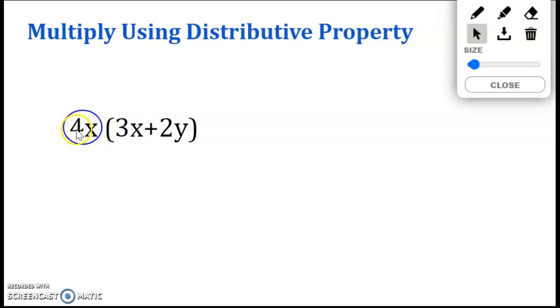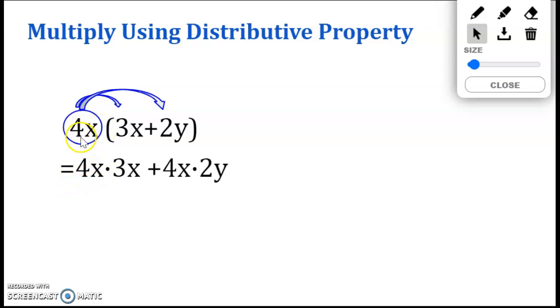Remember, if you have a variable or a number in front of parentheses, there is an invisible multiplication operation here. So 4x is being multiplied to 3x first, and to that you're adding 4x multiplied by 2y. So you're basically distributing what's in front of the parentheses to each of the terms inside the parentheses. And that's why it's called the distributive property.